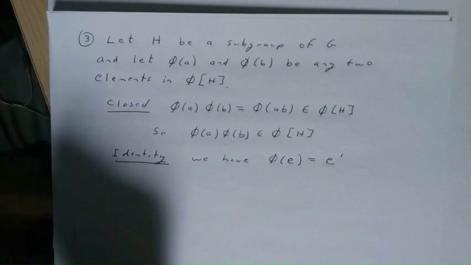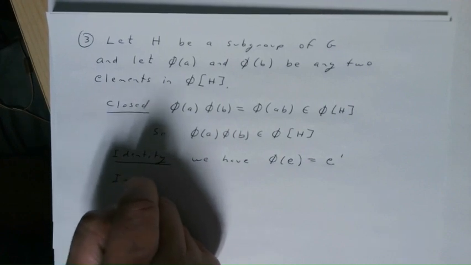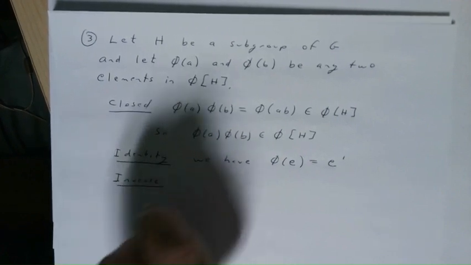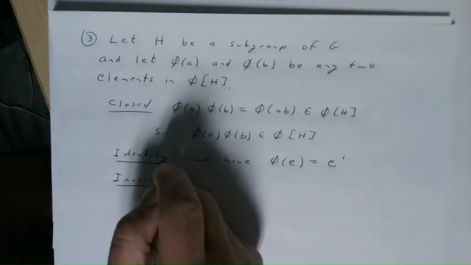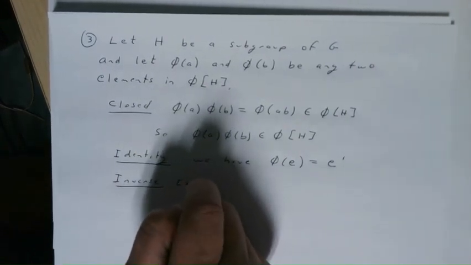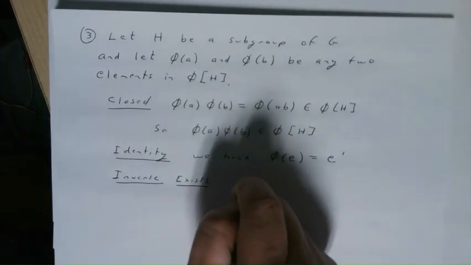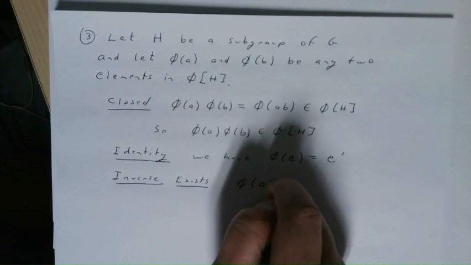So we have the identity. And then also from the previous steps, we have the inverse. We actually, from the steps we just did a minute ago, the inverse exists. And associativity will just come from any subgroup.